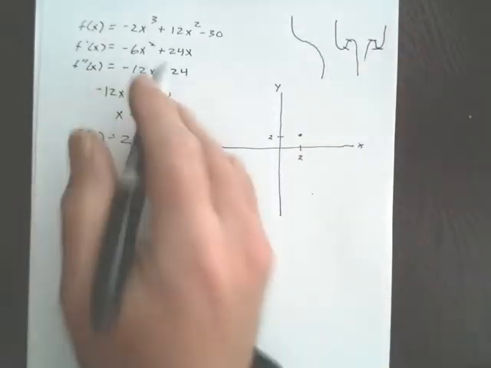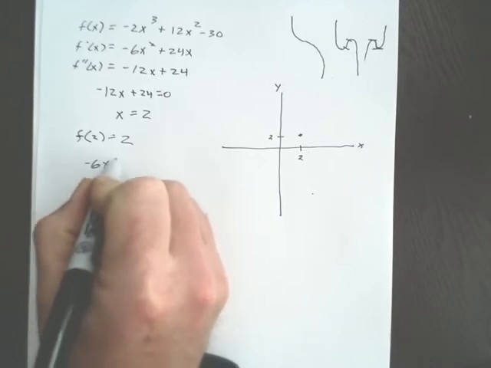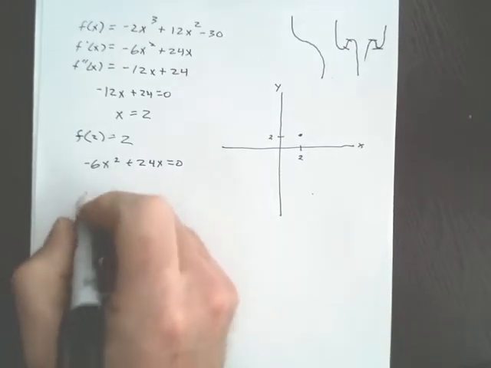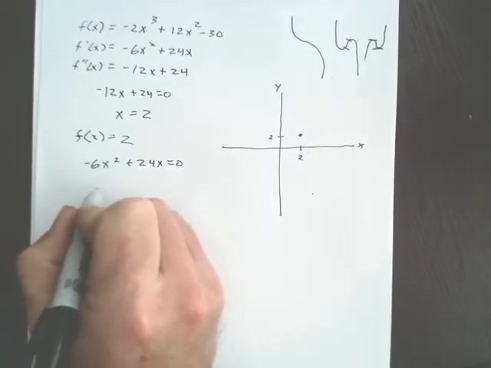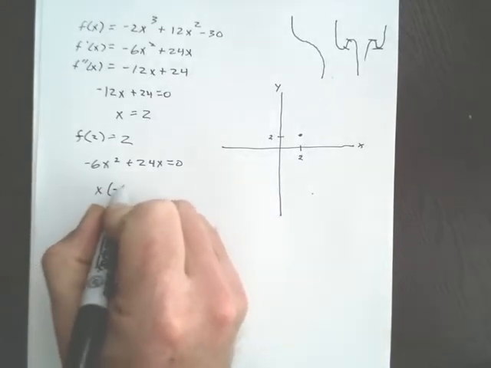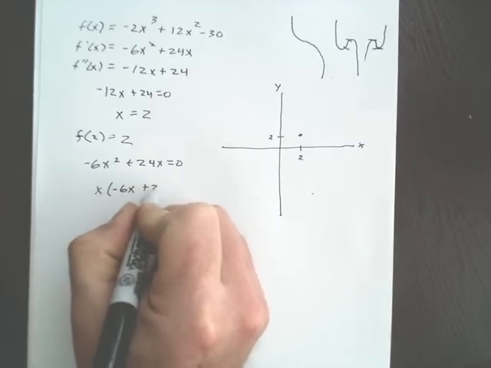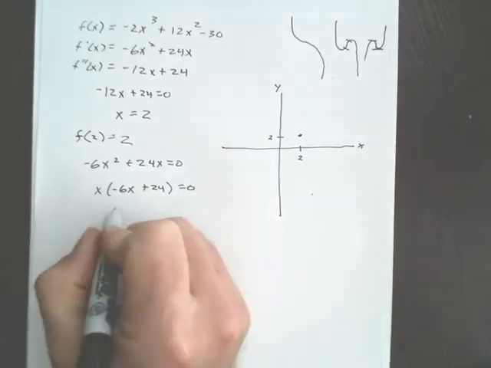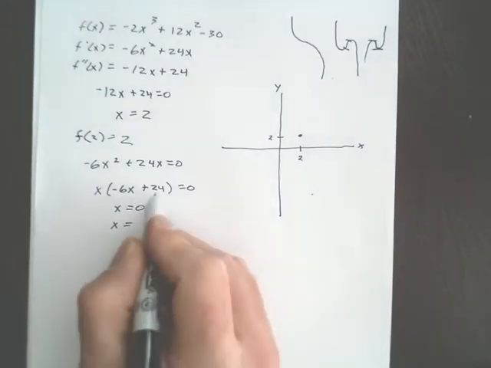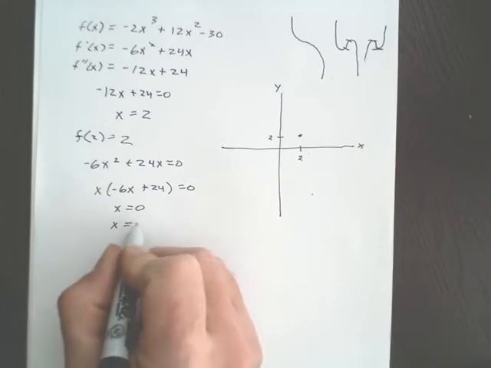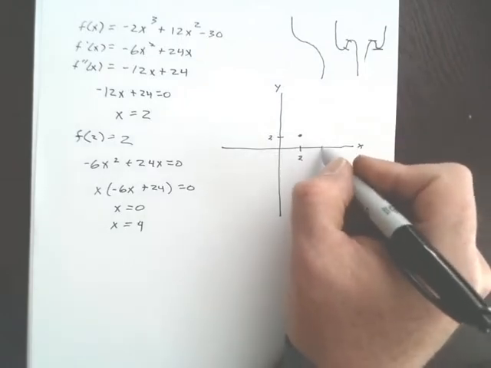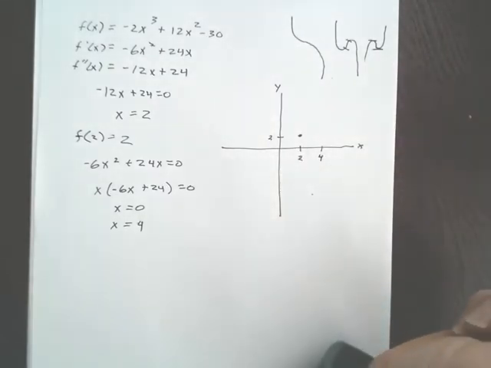So negative 6x squared plus 24x equals 0. We factor out an x, and we get x times negative 6x plus 24 equals 0. So x will either equal 0 or x will equal 4. At x equals 0 and x equals 4 is where our maxes and mins are going to be.